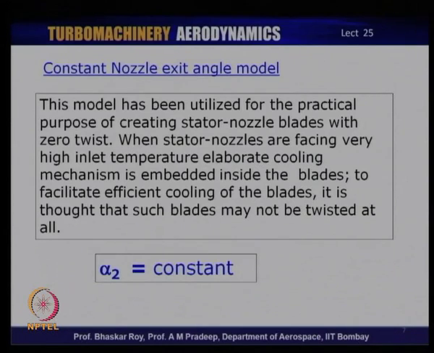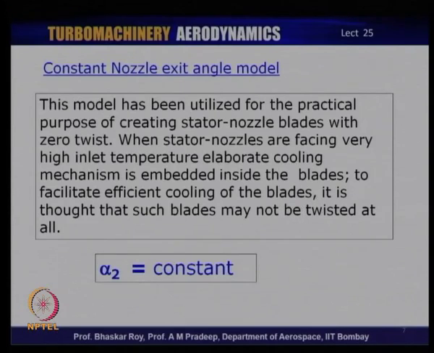So, what we get is alpha 2 is constant from root to the tip of the blade. If alpha 1 is also constant from root to the tip of the blade, which is sometimes true, especially in the first stage of the HP turbine, then you indeed have an untwisted blade. If alpha 1 is somewhat variable in the later stages, you have a mildly twisted blade, which can still accommodate or have an embedded cooling mechanism.